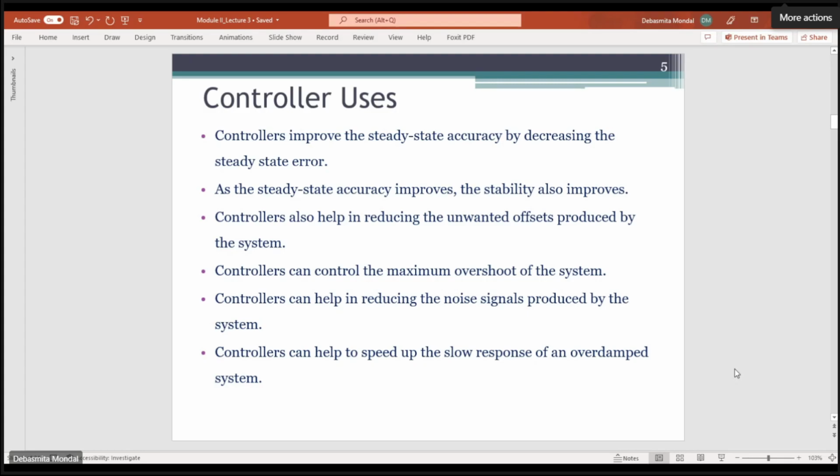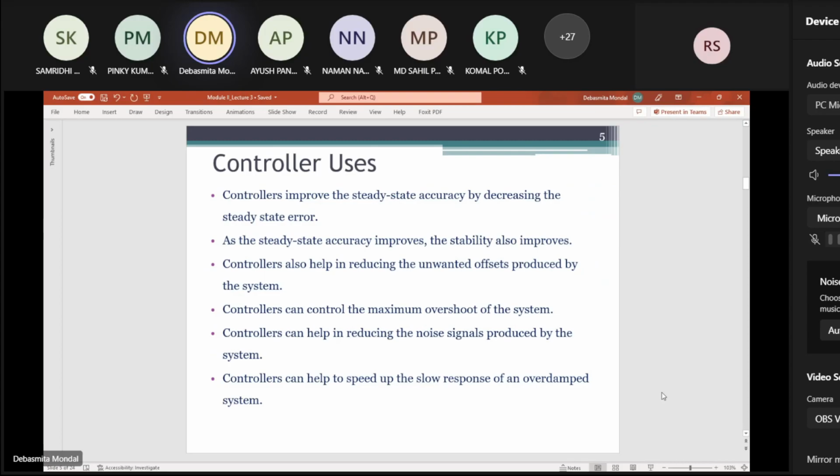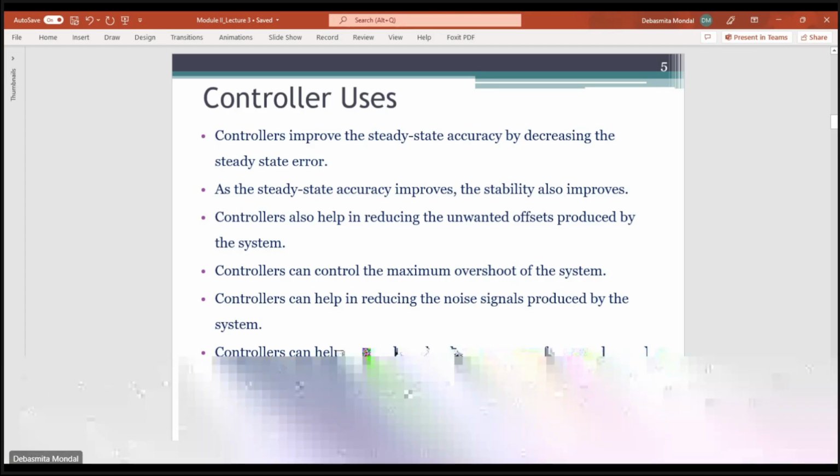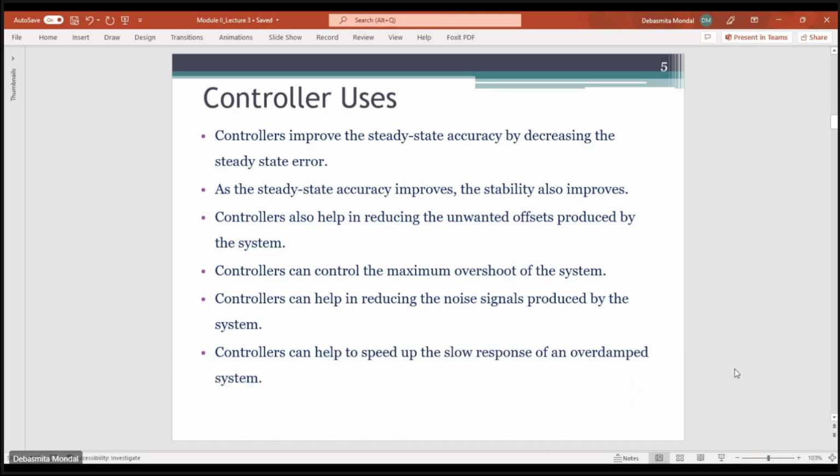The moment the steady state error reduces, the stability of the system also improves. Also, controllers can help in reducing the effect of unwanted offsets or unwanted signals like noise and disturbance, so their effect on the output can be minimized as much as possible.